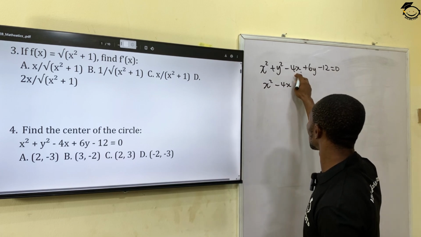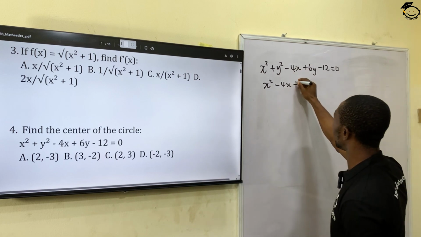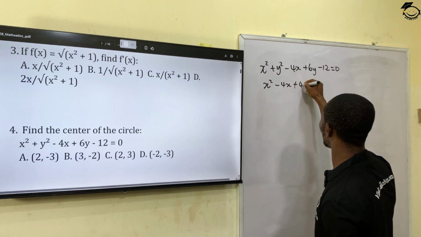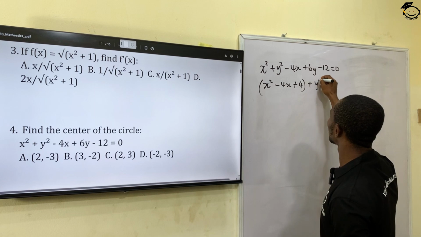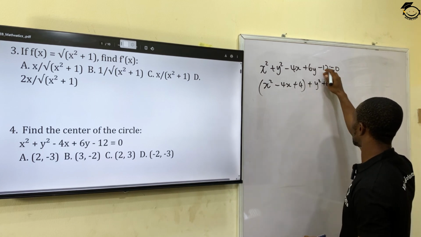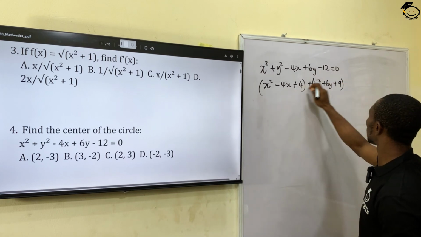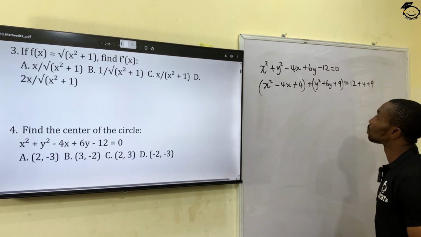Half of the value of x, you square it and add to this: 4 divided by 2 will be 2 squared, which is 4, plus y squared plus 6y, plus 6 divided by 2 will be 3, 3 squared will be 9. Then add this to both sides. This will become 12 plus 4 plus 9.